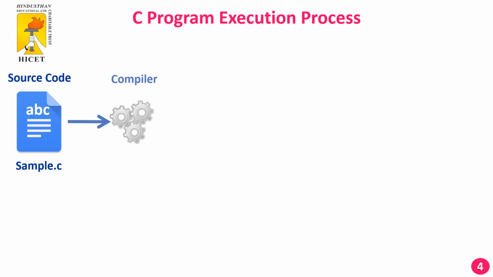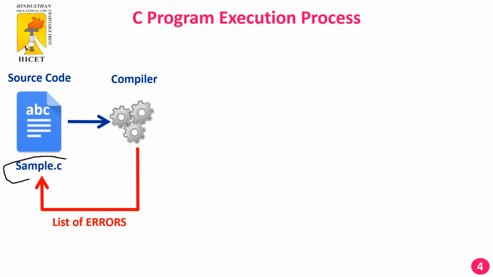Now this slide tells you the overall process of the execution. Here a source code is generated first, and I'm storing this source code as sample.c. So the source code is stored with the .c extension. Once the source code is created, it is given to the compiler. The compiler will check for errors.